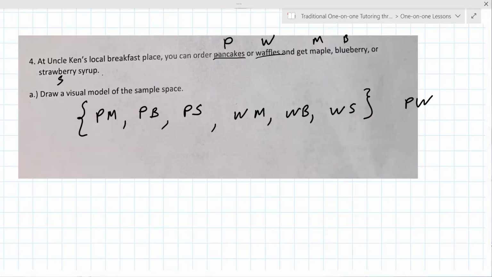We're assuming that you get one carb and one syrup, so that's out. We're also saying MB is out, because nobody puts maple syrup and blueberry syrup in the same cup and drinks it. So there's a little bit more that's needed, but this is your sample space.